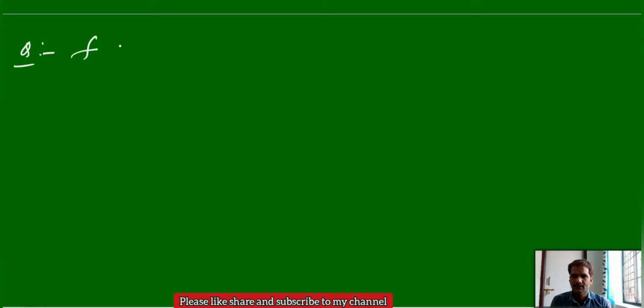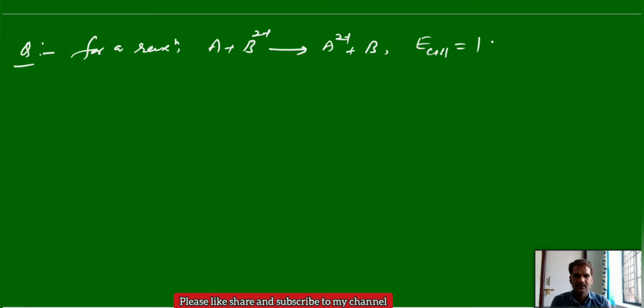For a reaction A plus B2 plus giving A2 plus and B, whose E cell value is 1 volt at a temperature of 298 Kelvin, and dE cell by dT, the temperature coefficient, is given as 5 into 10 power minus 5 volt per Kelvin.